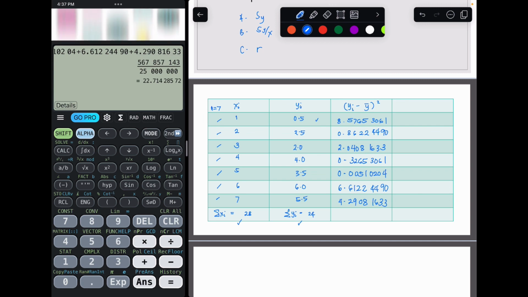So the summation, that is the sum of the residuals from the mean line, is 22.71428572.